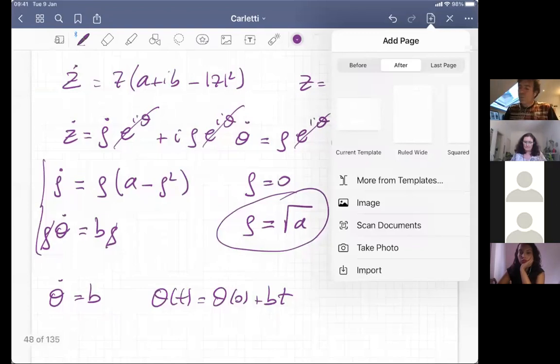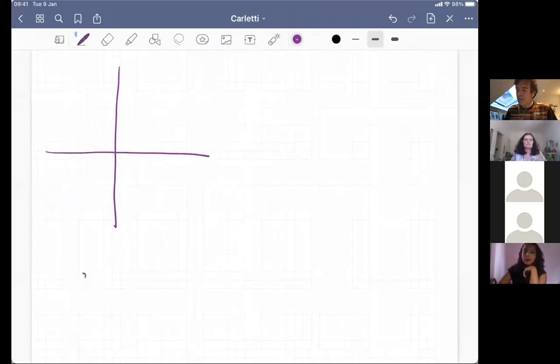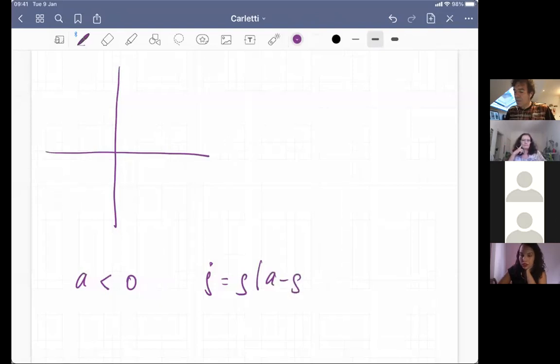So if you look in the plane rho theta, you have the case a smaller than 0, so let me rewrite again. Rho dot is equal to rho times (a minus rho squared), and so in this case the origin is stable, but you observe that a minus rho squared is negative.